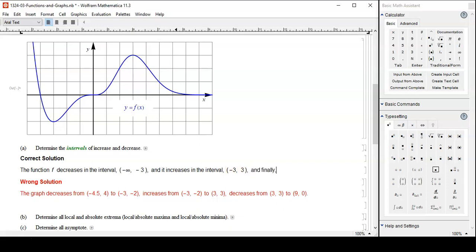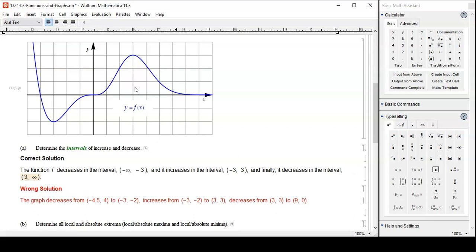And it decreases in the interval 3 to infinity. So x equals 3 all the way to infinity decreases down, asymptotically getting closer and closer to the x-axis.